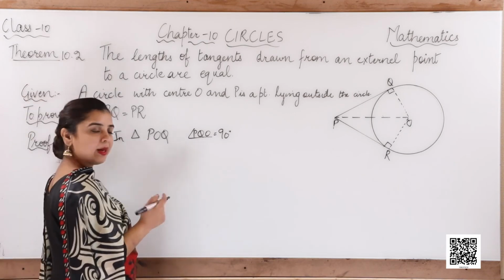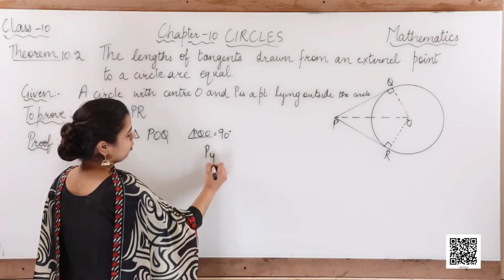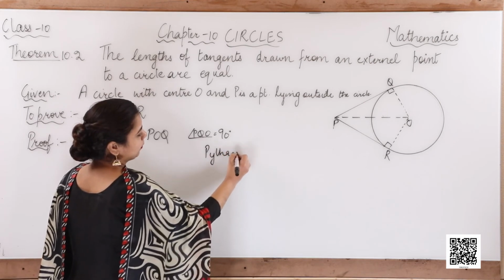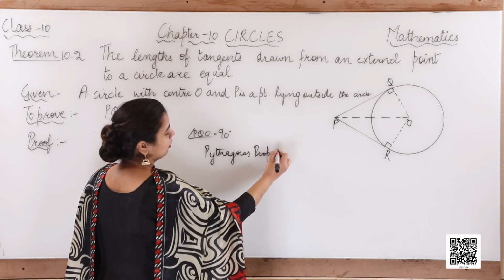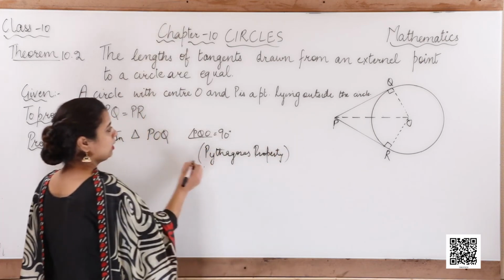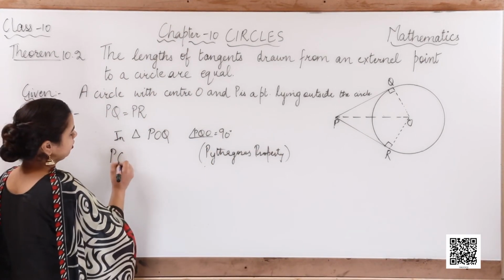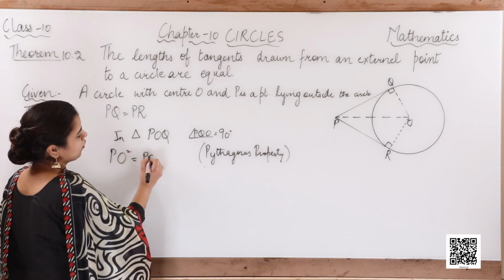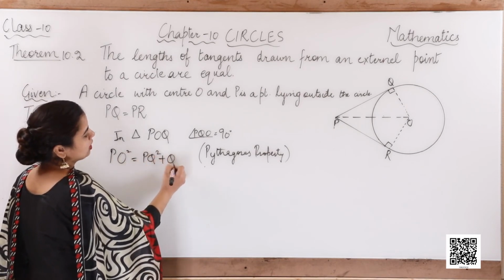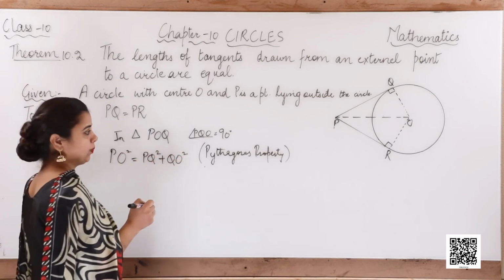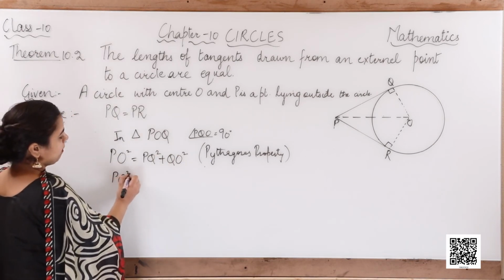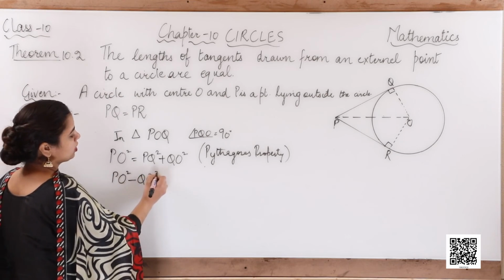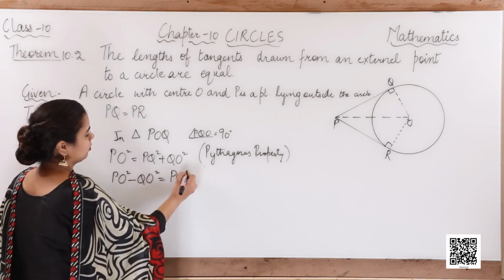The property is Pythagoras property. When applied to this triangle, it gives us that hypotenuse square is equal to sum of squares of its sides, right? So we can say that PO square minus QO square is equal to PQ square.